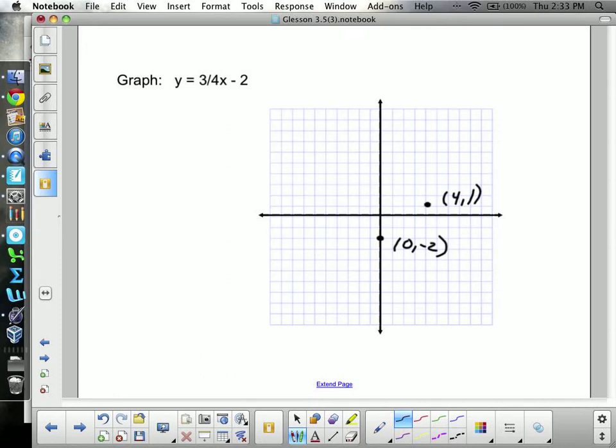And then maybe we'll do it one more time. Up 3, to the right 4. That's the point 8, 4. And then we play connect the dots, drawing in our line. Arrows on both ends to indicate it's a line, not a segment. And we're done. What would that be, 3?